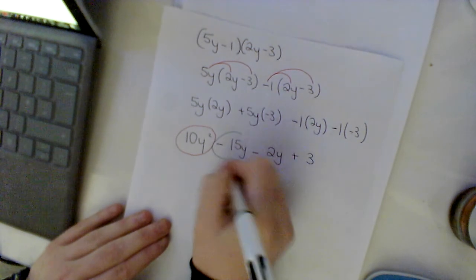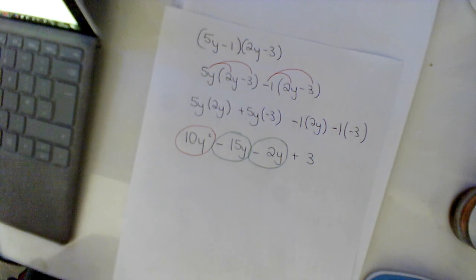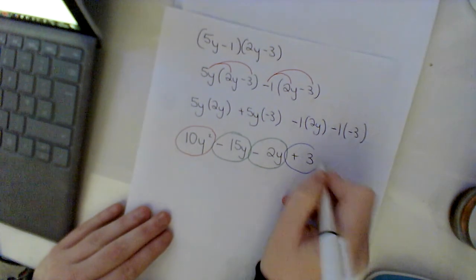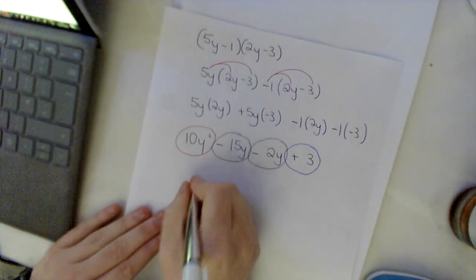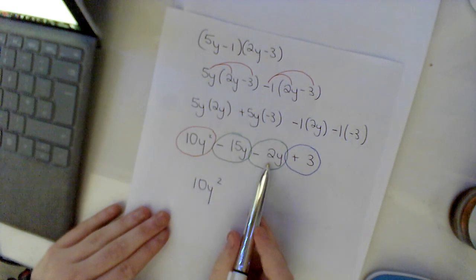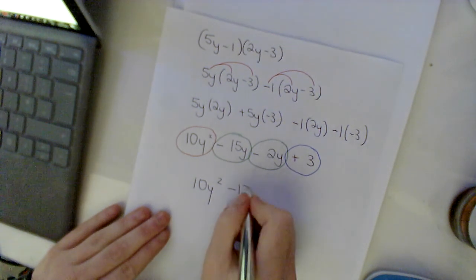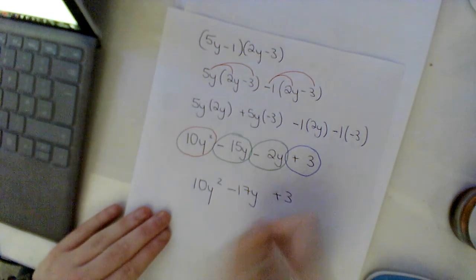Then I will have minus 15y minus 2y, and then plus 3. So 10y squared, I can't add anything to that, so I just write down 10y squared, minus 15 minus 2, that's minus 17y, plus 3. And that's your final answer then.